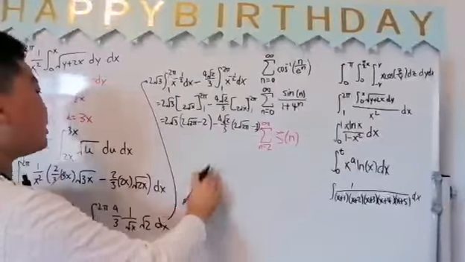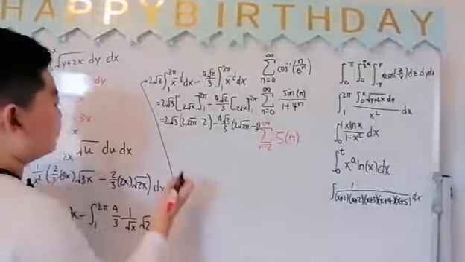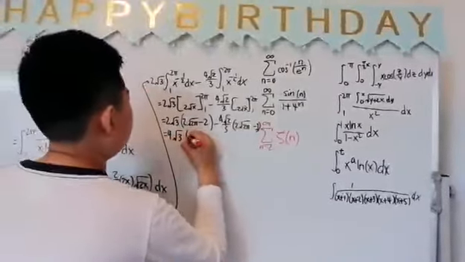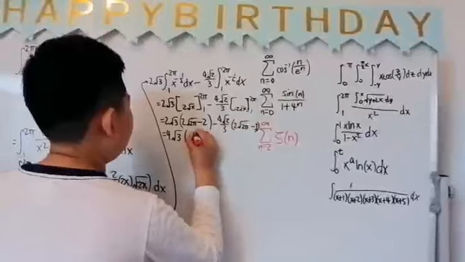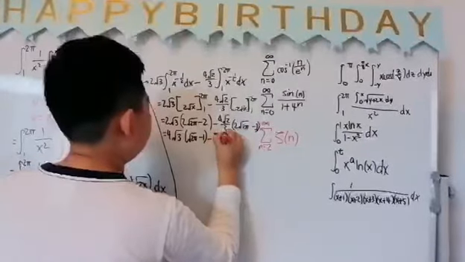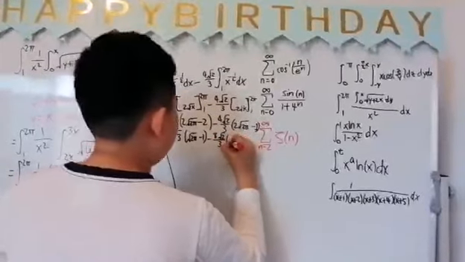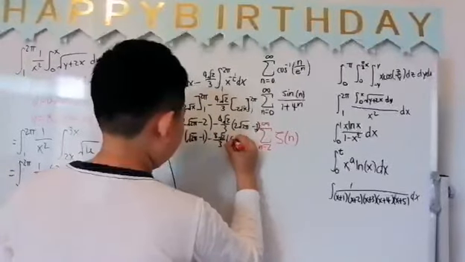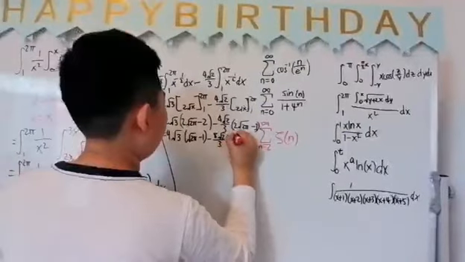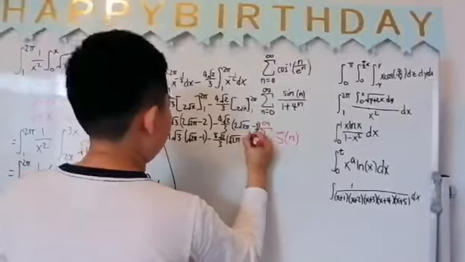Let's factor out a 2 while we're at it. So we have, this is 4 root 3, this is square root of 2 pi minus 1, and then you're going to subtract, this is going to be 8 root 2 over 3 times the square root of 2 pi minus 1.